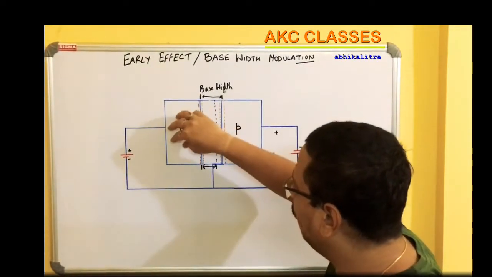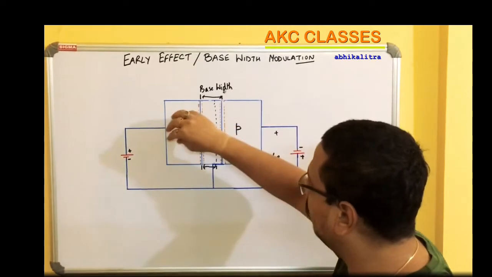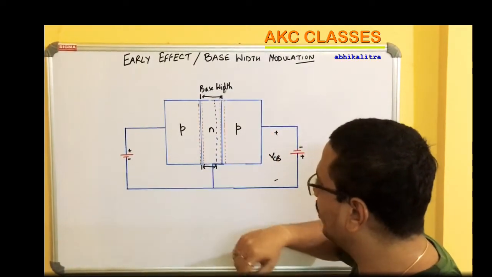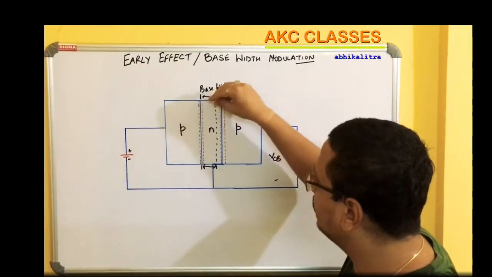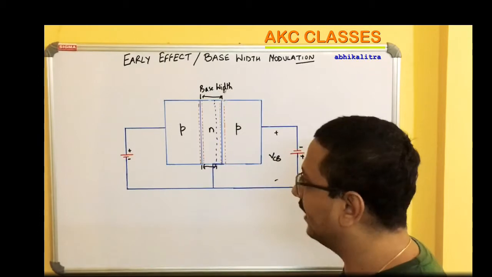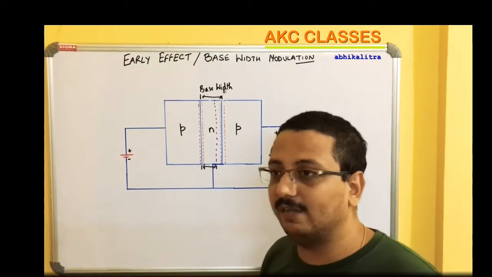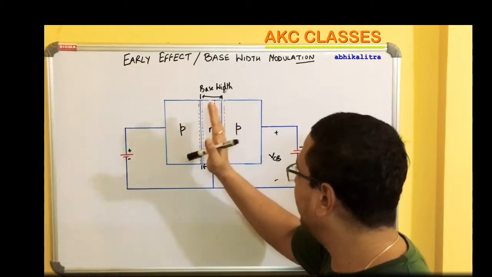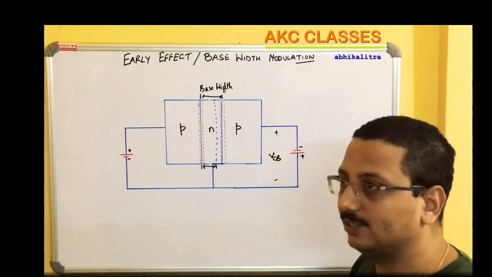So when the holes cross the depletion region between the emitter and the base junction, some of the holes quickly recombine with the electrons present in the base section, and the majority of the holes now cross the depletion region between the base and the collector and reach the collector junction.